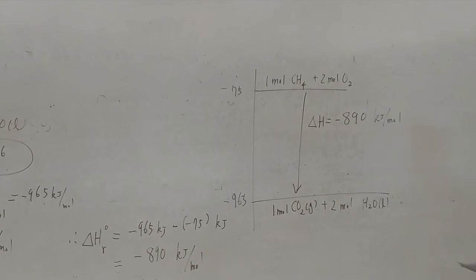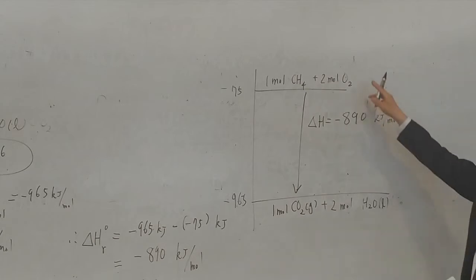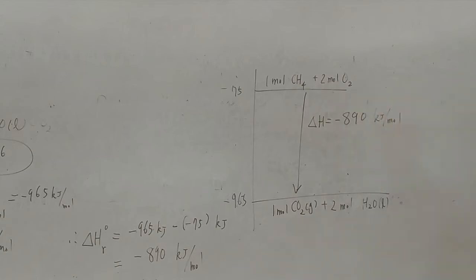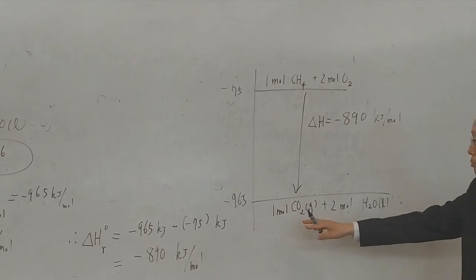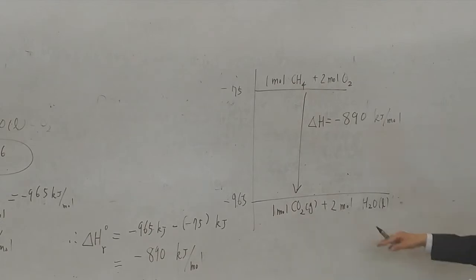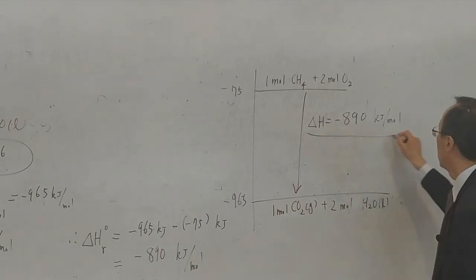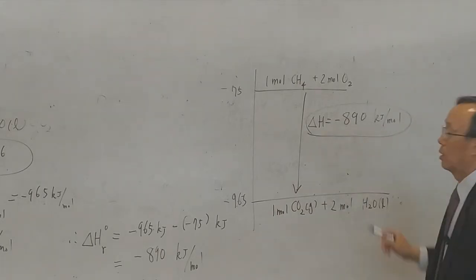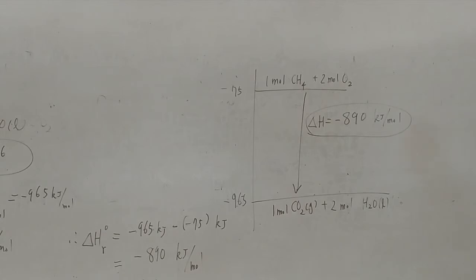So what minus 890 kilojoule per mole means is that this much heat is evolved when 1 mole CH4 and 2 mole O2 react, becoming the products, 1 mole CO2 and 2 mole H2O. This much heat is released from the system.